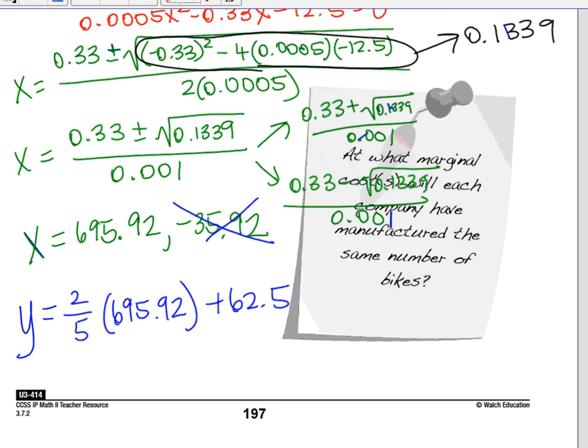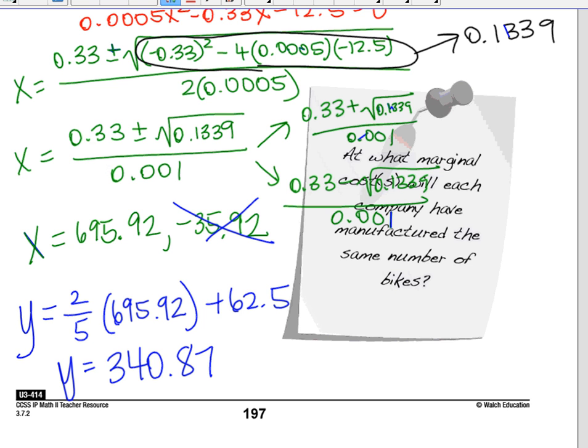Now, when you do that in your calculator, I'm going to calculate mine quickly. You get y to be 340.87.